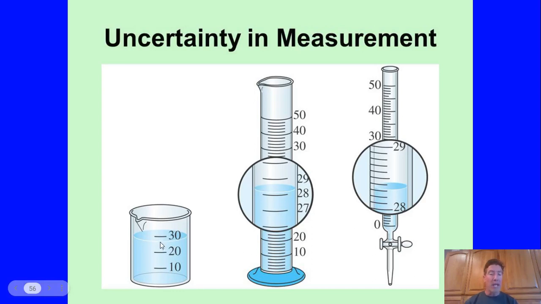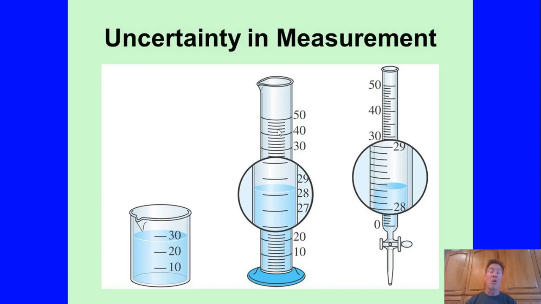Someone else might call that 28. But that's as far as we can go. We would stop after that, because that last digit, that 7 or that 8, that's an estimation. We wouldn't just go, oh, that's 2.83516962. What? Where did you get that?